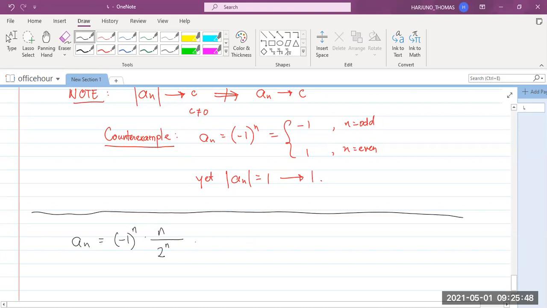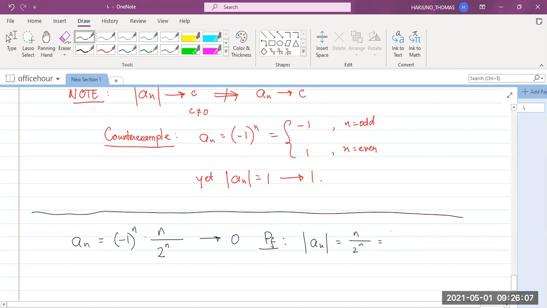Okay, why? This is convergent to 0, and the proof is the absolute value of the sequence is n over 2^n. Right?